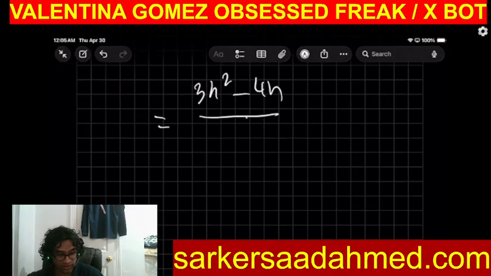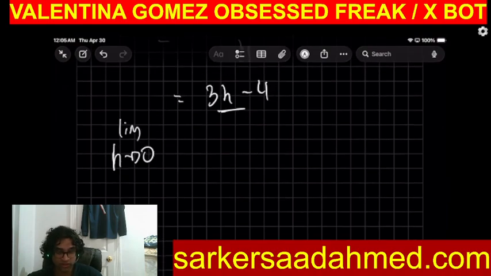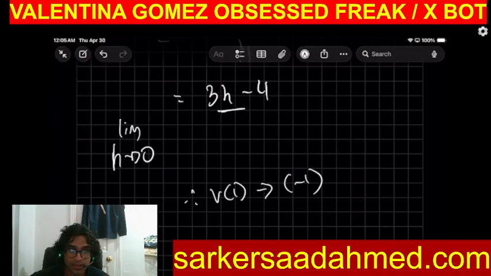So 3h square plus 4h divided by h, which will then turn out 3h plus 4. Now limit as h approaches 0, and if you turn this to 0, your v of 1 will approach minus 1. Your v of 1 will approach, is it minus 1?